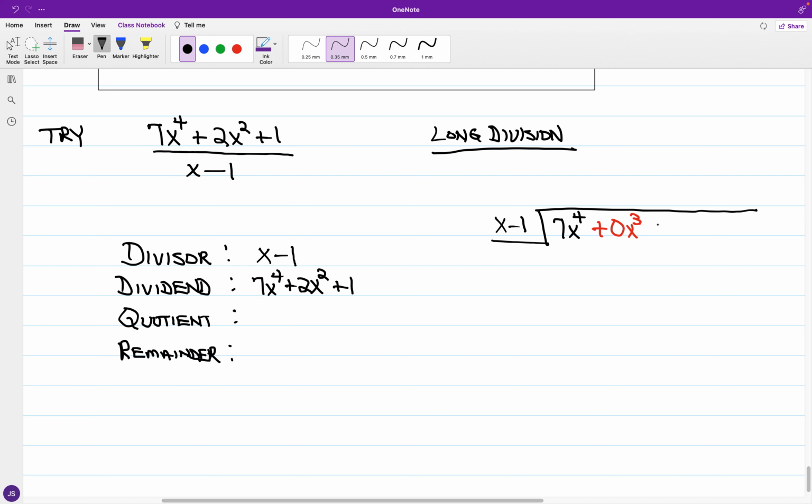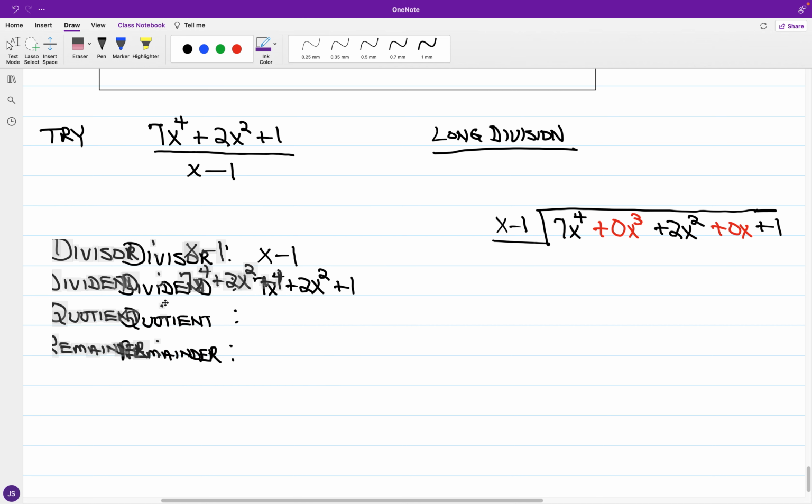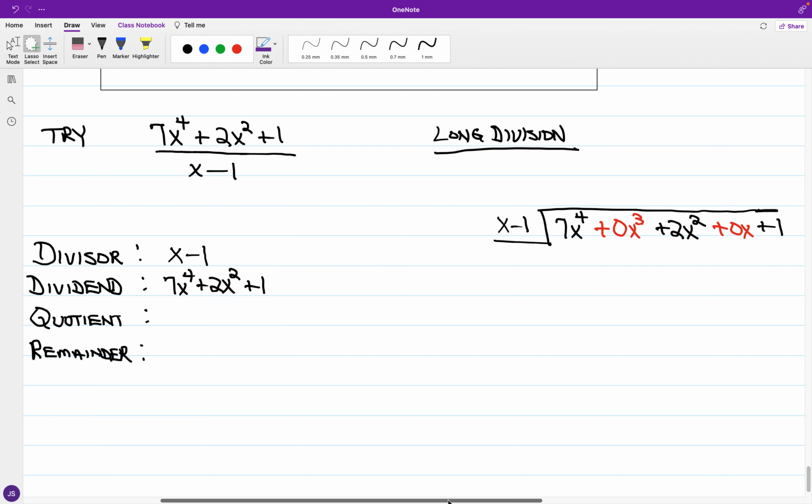And then we have plus 2x squared. And notice I'm missing a first order x term, so I'm going to use 0 once again for placeholder purposes, followed by the addition of 1. So for the initial setup, we have both the divisor and the dividend in descending degree order.